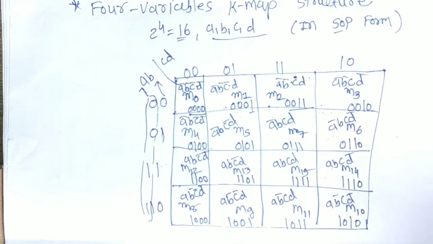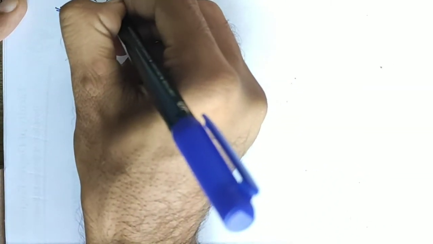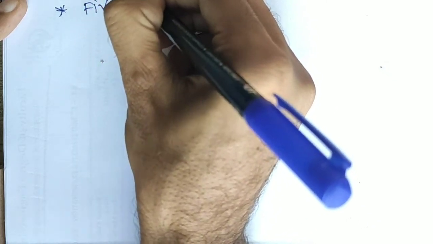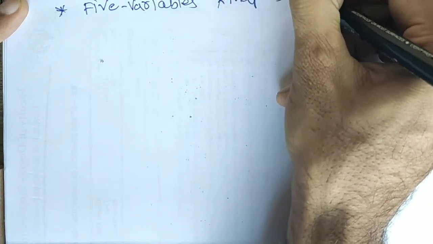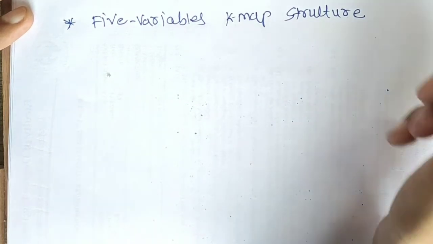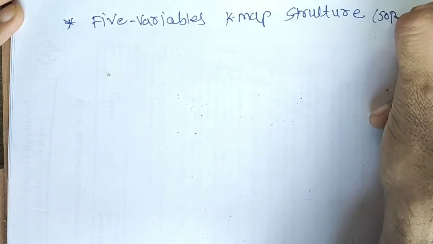Now we can discuss the 5 variable K-map structure in SOP form.